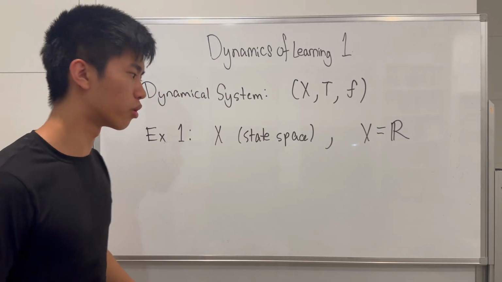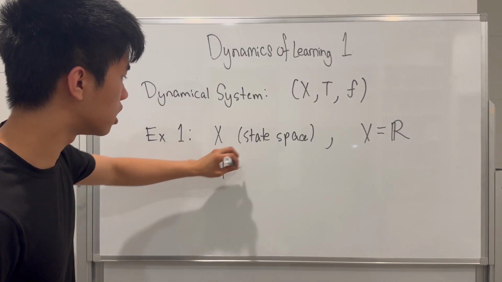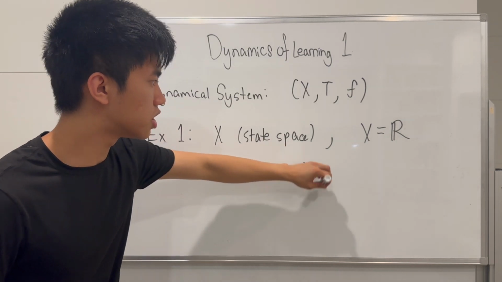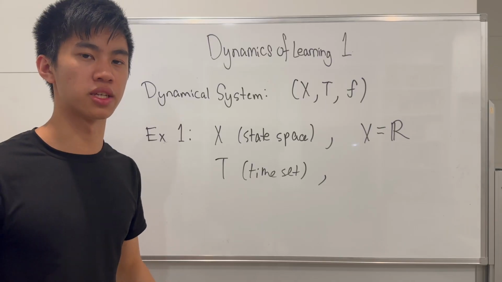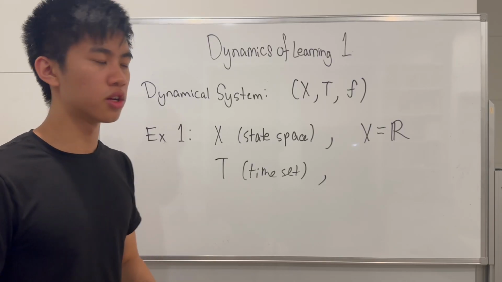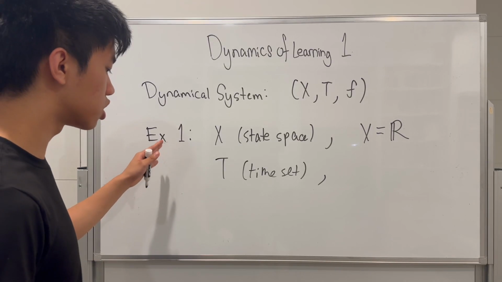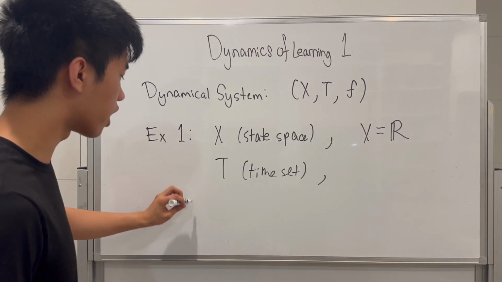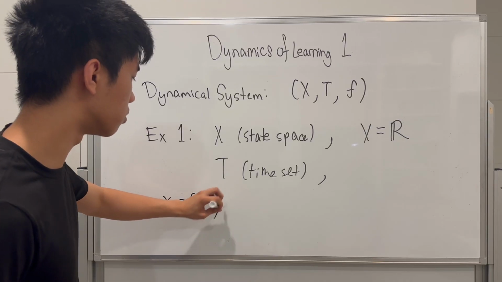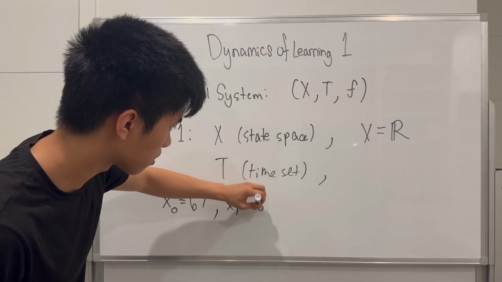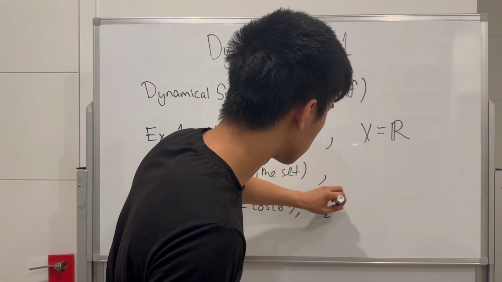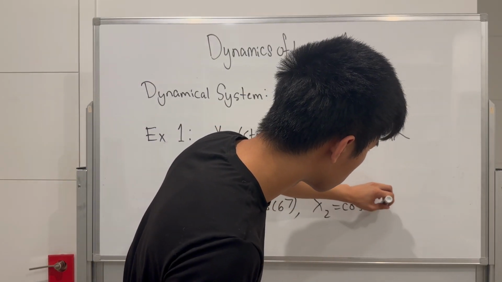So pretty straightforward. Now, the time set, T, is the set of all times that the system occupies. So this one's a bit trickier, but essentially what we were doing was we started off with something like 67, then we took the cosine of that. Then the term 2 would be cosine of 67.